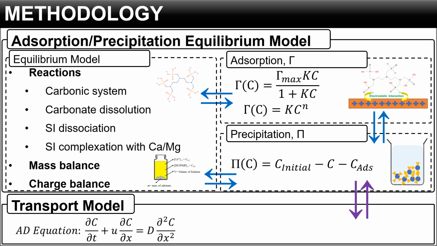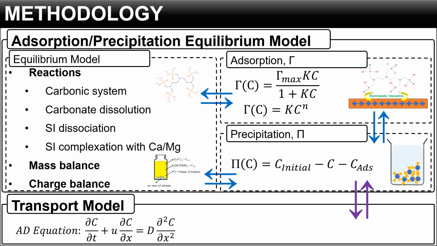They can calculate the amount of the adsorbed scale inhibitor or other species based on their concentration in the solution. So using the adsorption isotherms, we can calculate the amount of the adsorbed scale inhibitor on the rock surfaces, and we can remove the scale inhibitor based on these values from the whole spectrum of the species containing scale inhibitor, considering their stoichiometry.